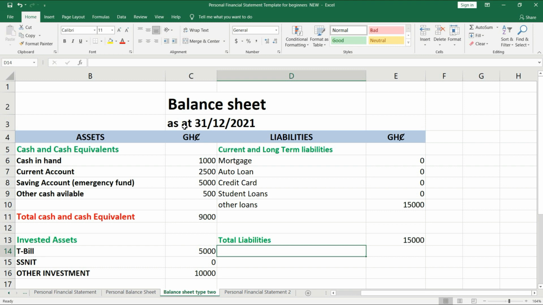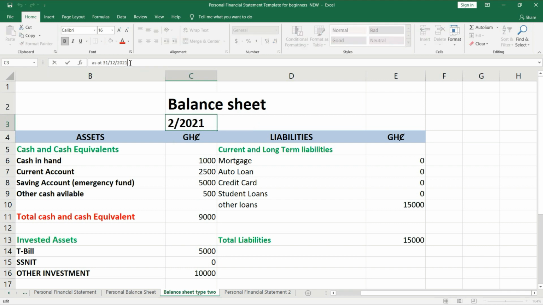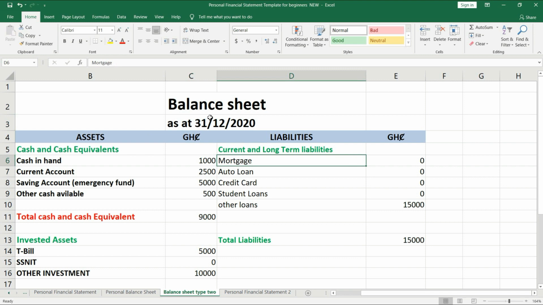Now this one we see 31st 12, that's December 2021. Obviously I've not gotten there, so I want to change this to, let's say, 31st December 2020. Meaning that the last time I updated this particular balance sheet was as at this date.